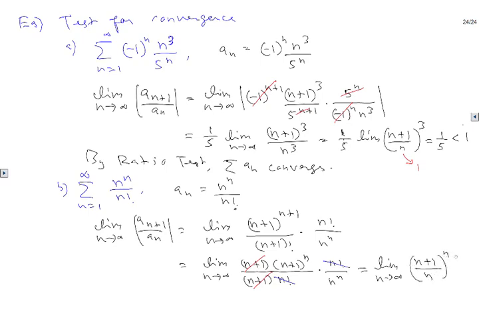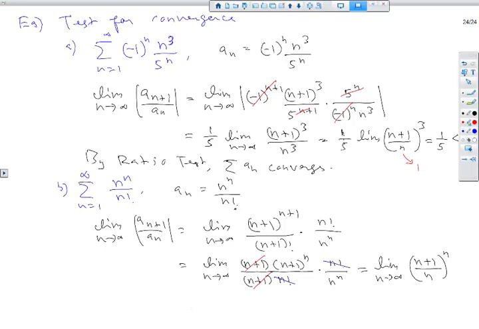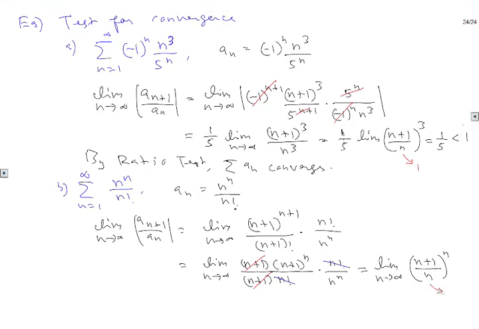Okay, so what is this? You can see that this is different from the previous case. We know that the limit of the inside function goes to 1, but this is to the n power. So this is a slightly different situation. So in this case it's not 1.